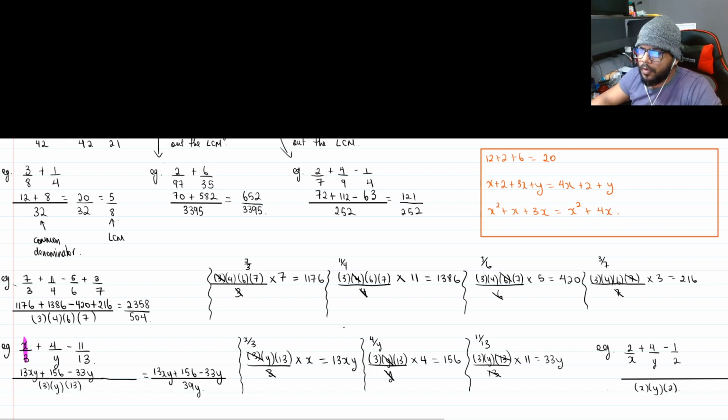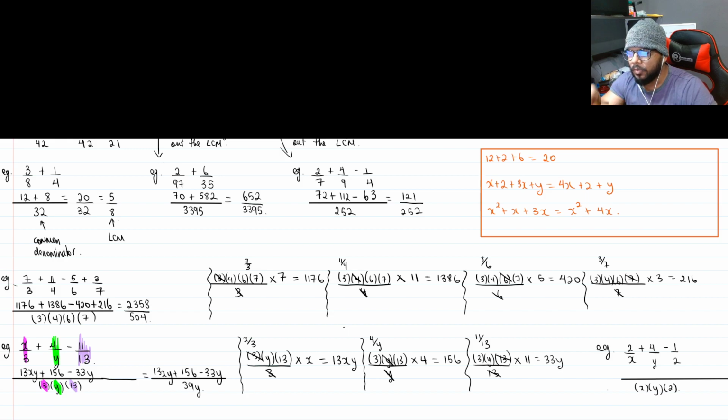For my second fraction, the y cancelled from my denominator. For my third fraction, the 13 cancelled from my denominator. So whichever fraction I'm working with, that small denominator is cancelled from my big denominator every time.